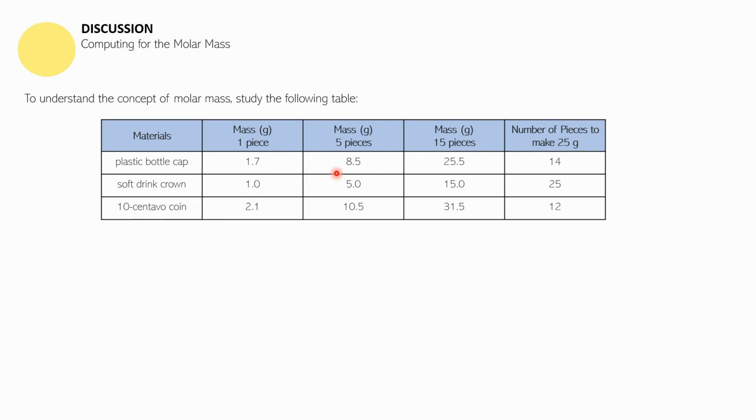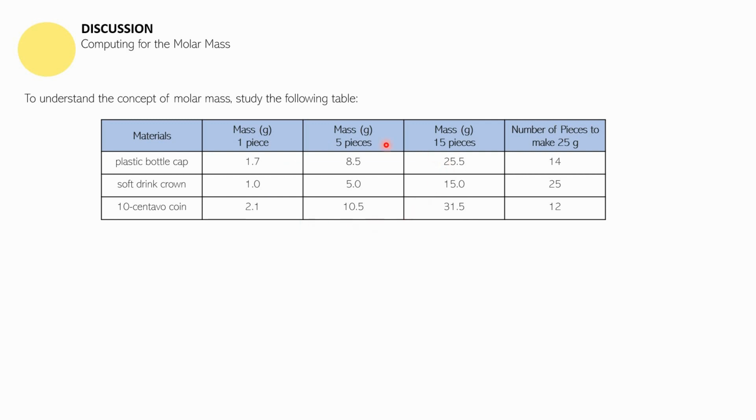When you collected 5 pieces of each, you recorded different masses: 8.5, 5, and 10.5 respectively. And with 15 pieces, your recorded mass is 25.5, 15, and 31.5 respectively.